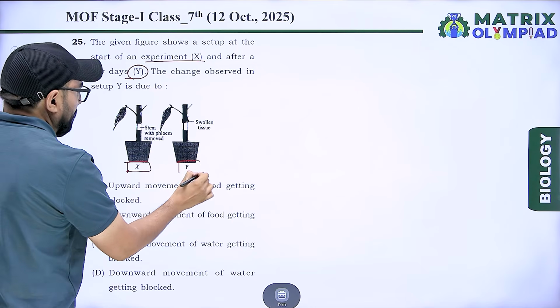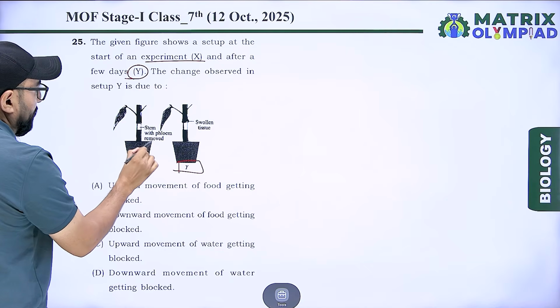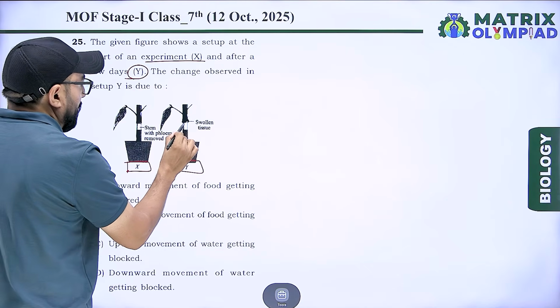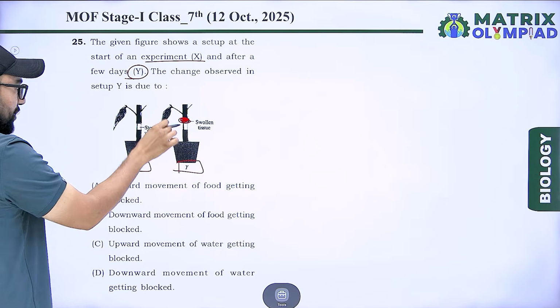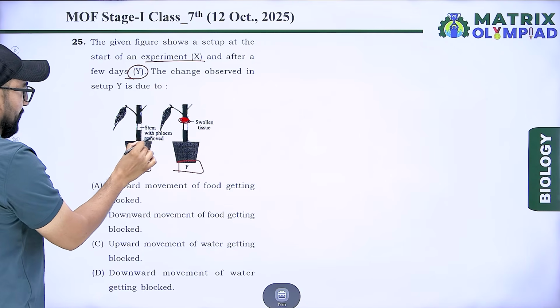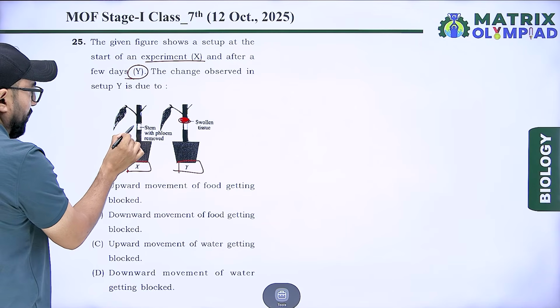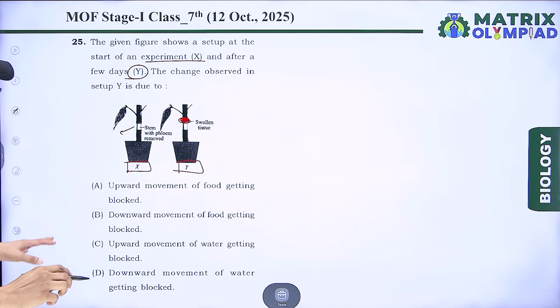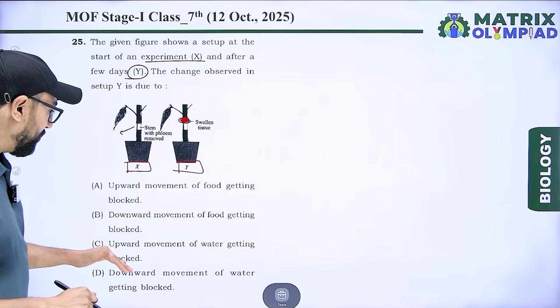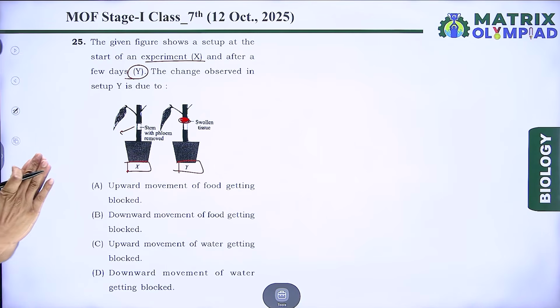X and Y: stem with phloem removed, swollen tissue, above the cutting part. The options are upward movement of food getting blocked, downward movement of food getting blocked, upward movement of water getting blocked, and downward movement of water getting blocked.